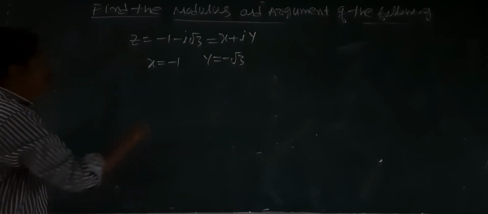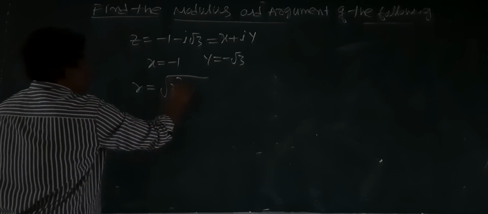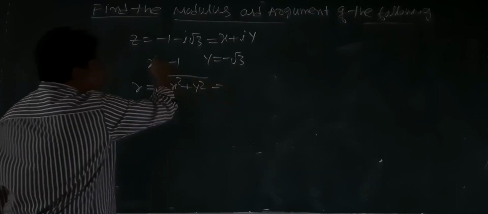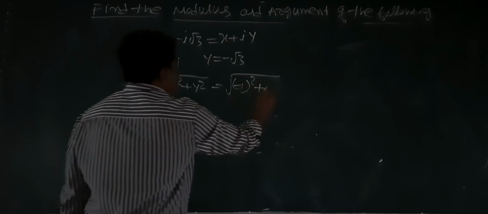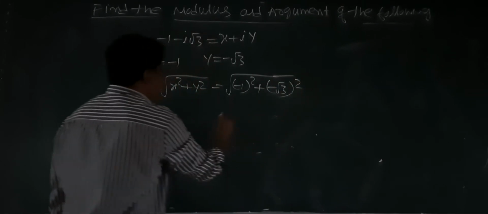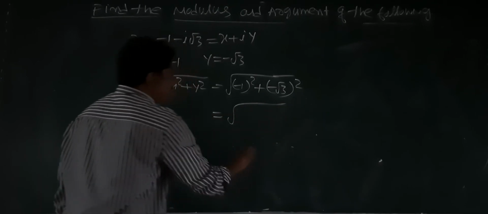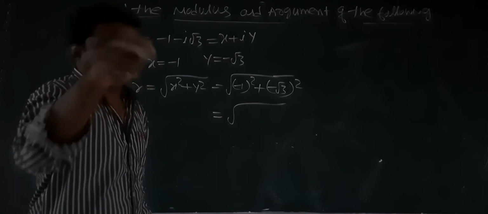Now you find out the modulus r. So root of x square plus y square: minus 1 whole square plus minus root 3 whole square. How much is minus 1 whole square? Plus 1.